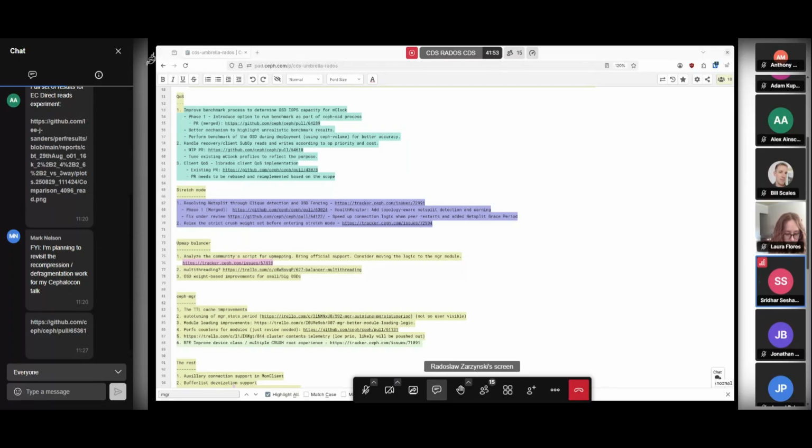In addition to this, a couple of other improvements. One is to highlight, even with this, if we still get unrealistic benchmarks, there must be a more reliable mechanism to highlight this to the user. Right now, we just add a cluster log warning, which is not sufficient.